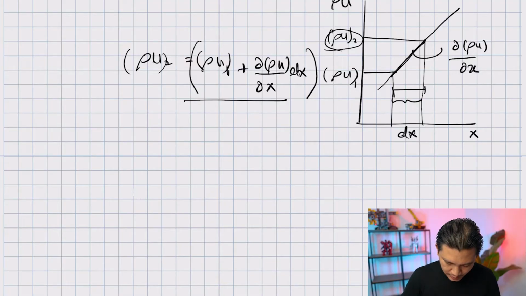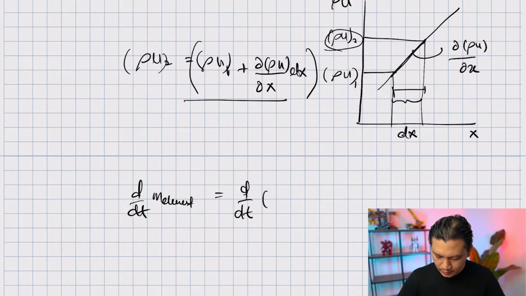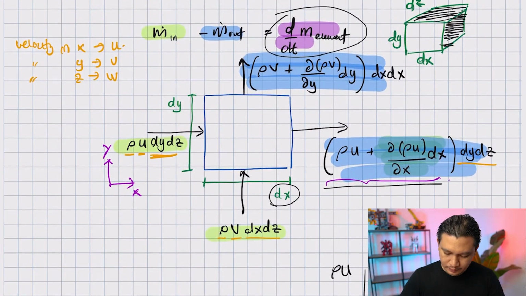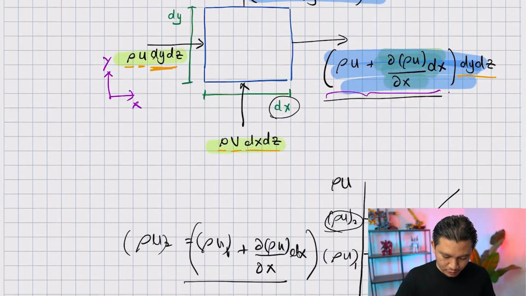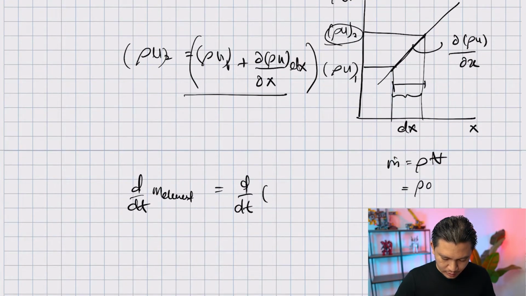So this is d over dt of the element, which is equal to d over dt of mass, and mass is actually rho times volume. Volume is now dx times dy times dz. Can you see that? So this is equal to rho times dx dy dz.